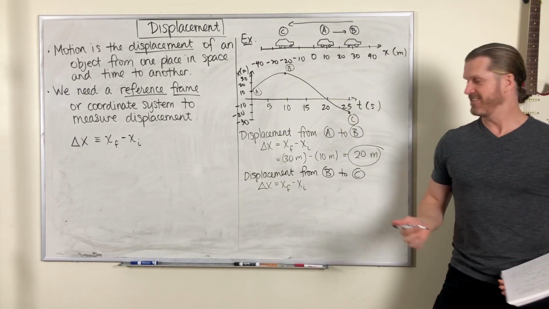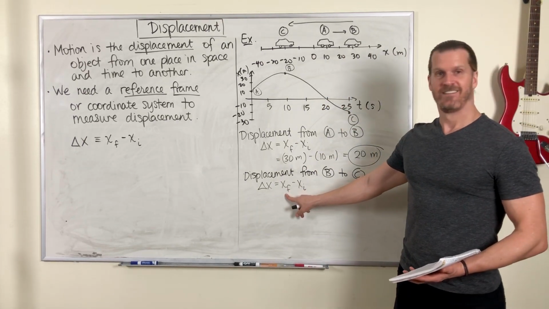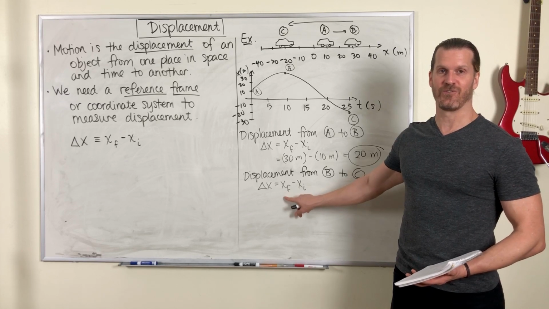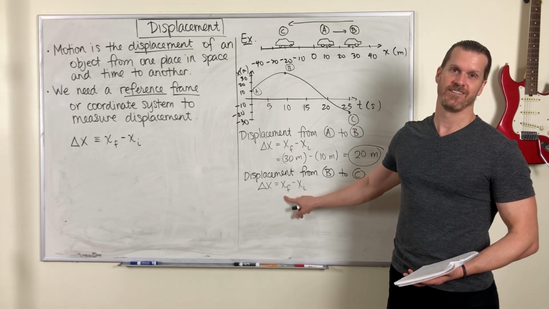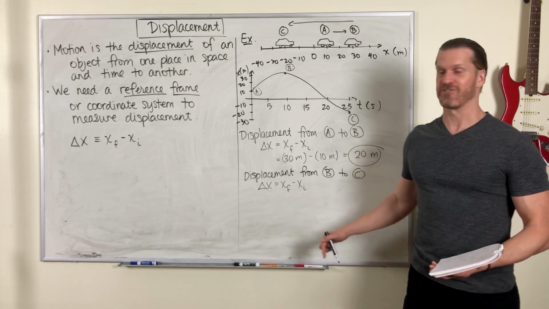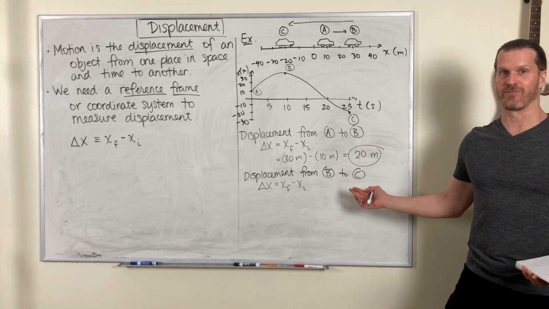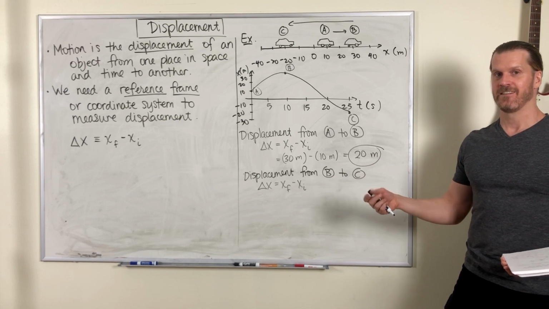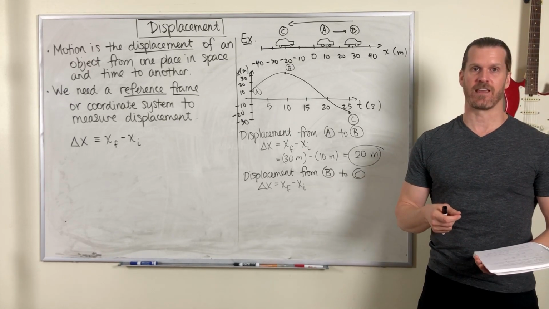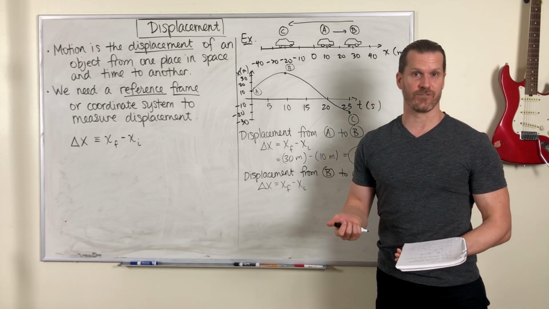But keep in mind, you need to use your common sense and choose the appropriate values for final and initial. Because now, in the question I'm asking, calculate the displacement from B to C. C is the final state. B is the initial state.